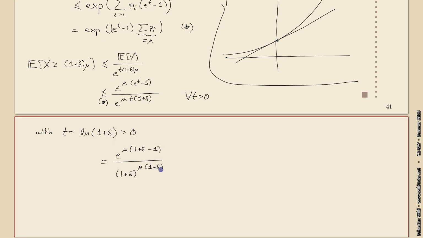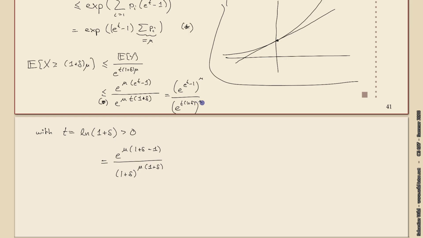Okay. And now you pull out the mu. I guess I could have done this up here. Yeah, you could have written it like that, because that's the whole thing. It's e to the t minus 1 to the mu, over e to the t times 1 plus delta to the mu, and then pull it out, but okay.